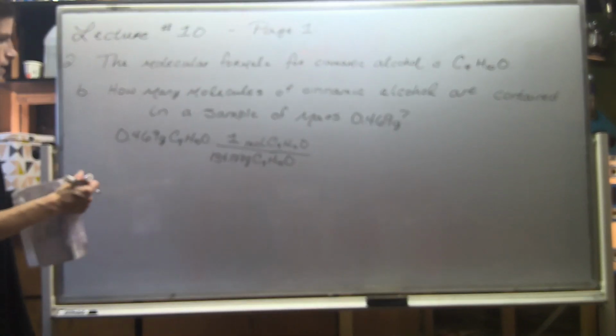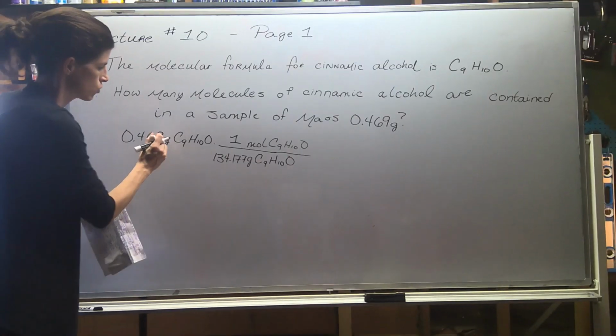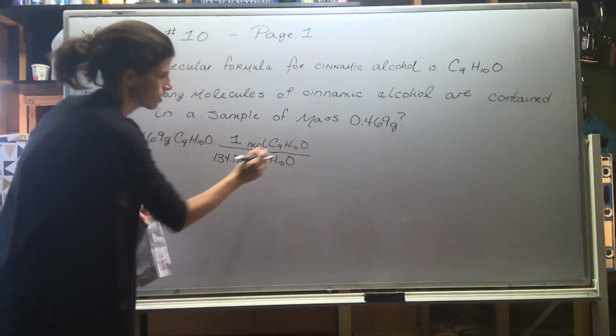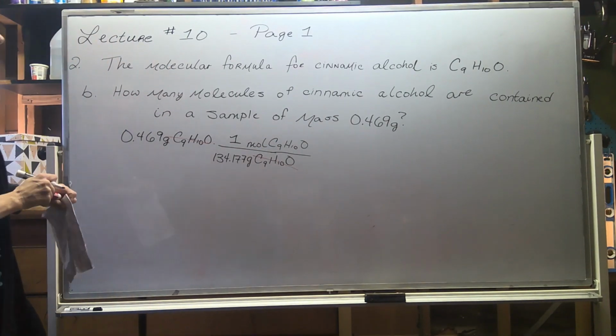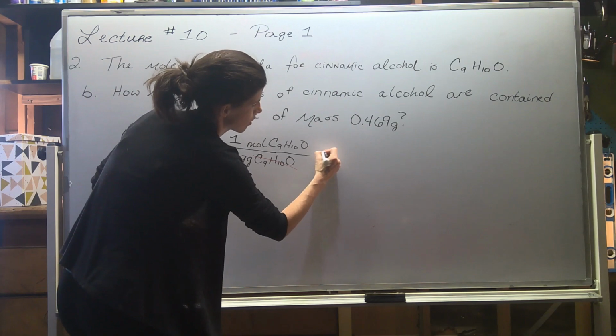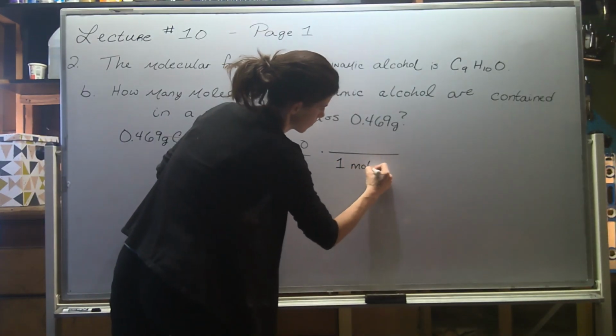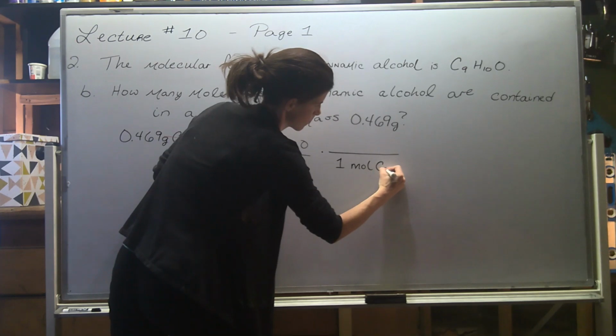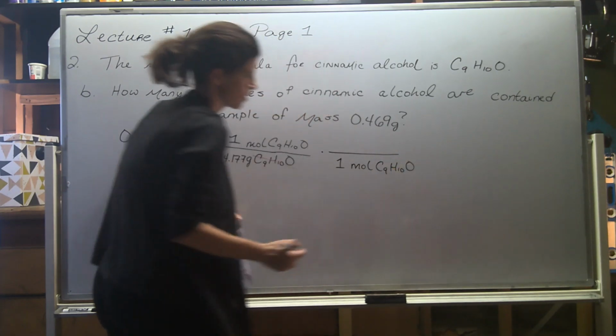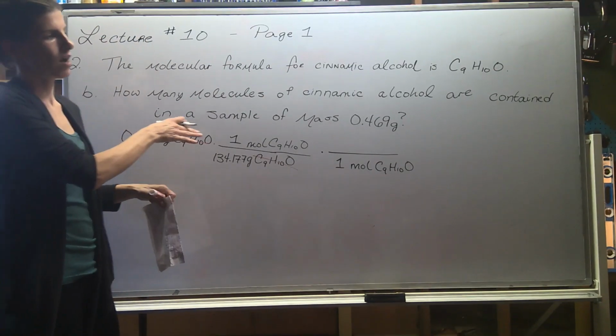Let's look at how everything's canceling so far. So grams will cancel with grams. Now we need to get rid of the moles of the cinnamonic alcohol. So I'll put another conversion factor. And here we can use Avogadro's number.